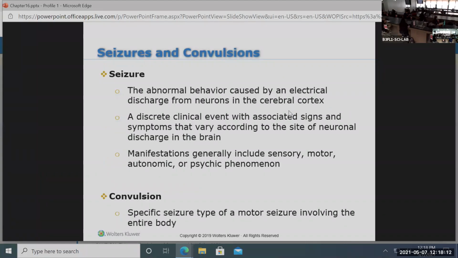Please highlight the seizure. What is seizure? It is abnormal behavior caused by an electrical discharge from neurons in the cerebral cortex. That is my seizure.